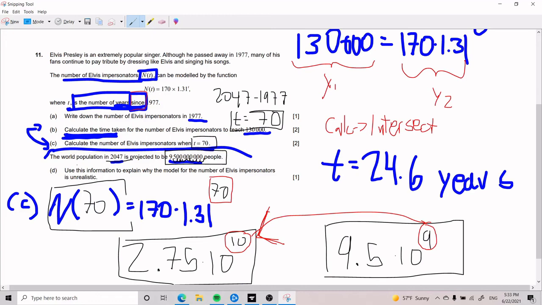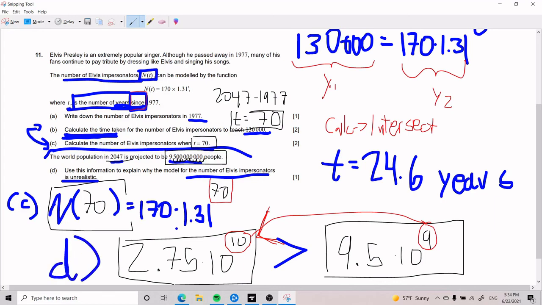So this information shows us that the model of Elvis impersonators is unrealistic because the number of Elvis impersonators cannot be greater than the population of the world. Within the population of the world, there will be Elvis impersonators, not the other way around. And so that is how you do part D.